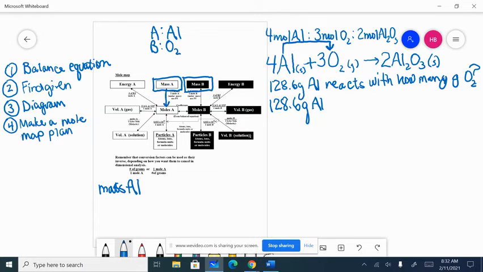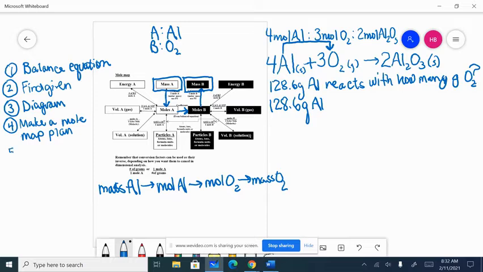So first I have to go from mass of aluminum to moles of aluminum, then moles of aluminum to moles of oxygen, then moles of oxygen to mass of oxygen. So let's make our mole map plan. And I'm going to see that I have 3 arrows that will represent 3 conversion factors. So this will be a 3-step problem.